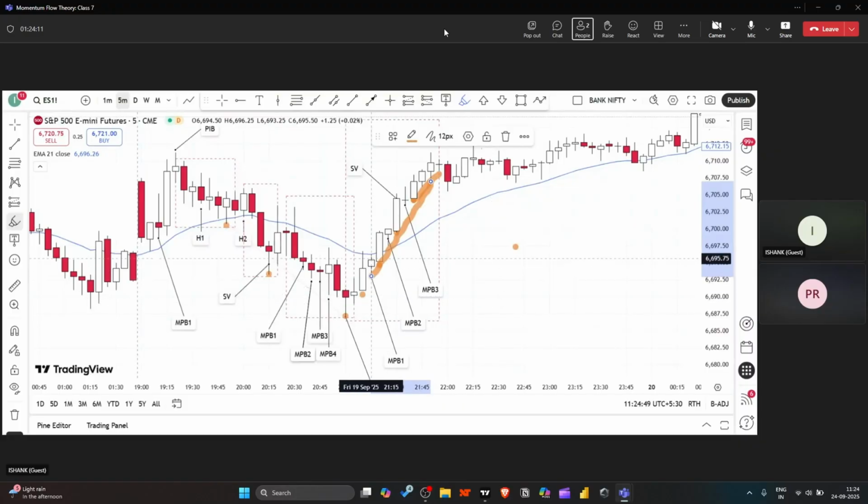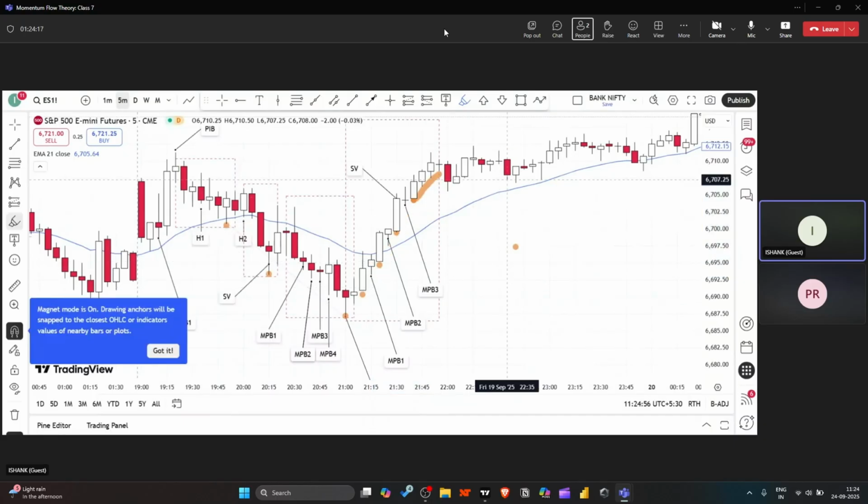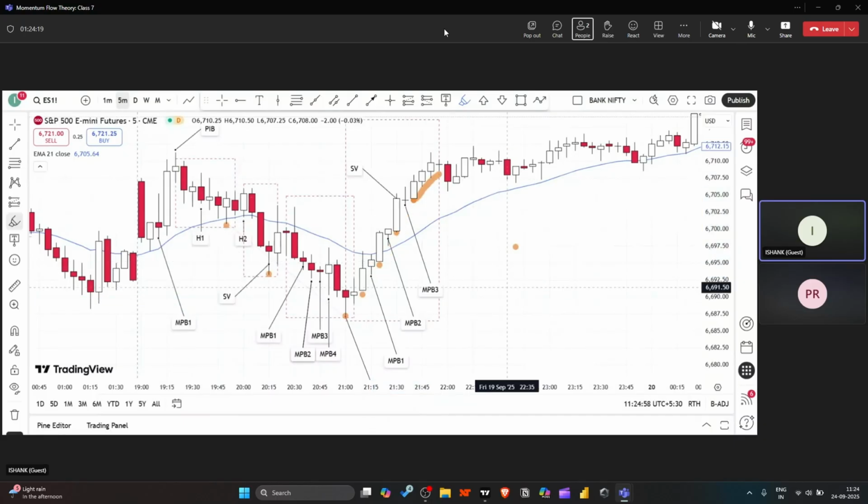After the breakout, where did the breakout come? Come to the breakout one of the bull spike which you have marked, before MPB one. Which is the bull trend bar? The bar which you are hovering on. Yeah, this is the bull trend bar.